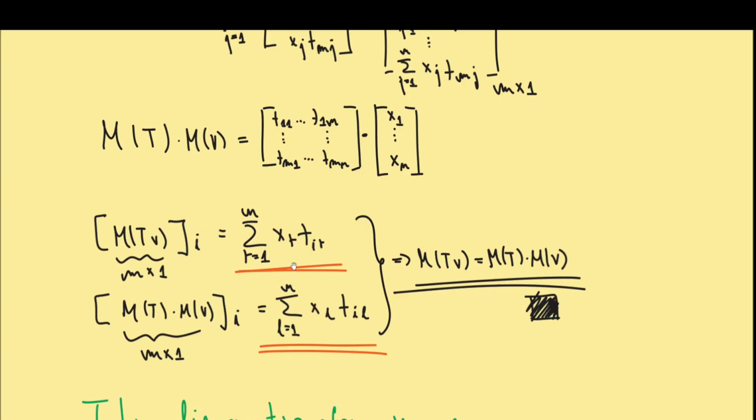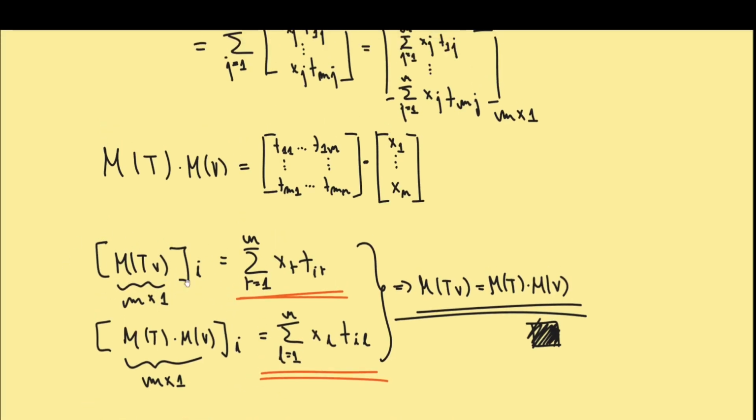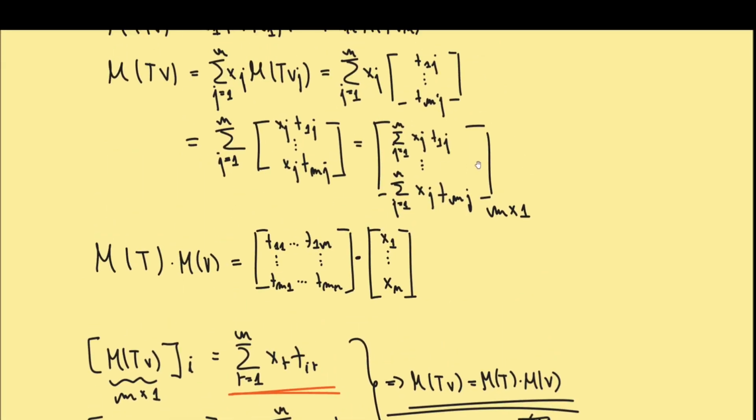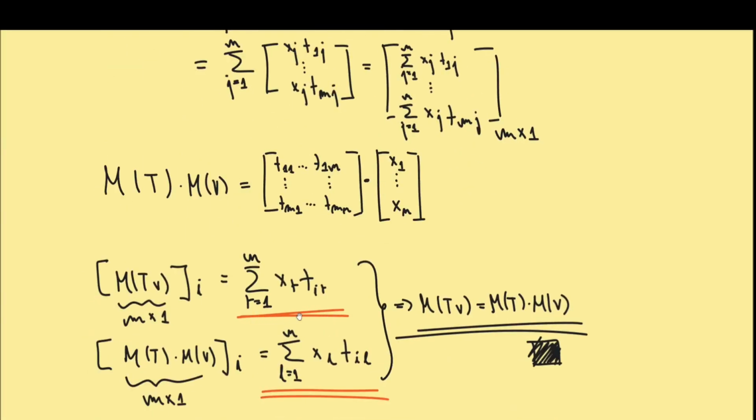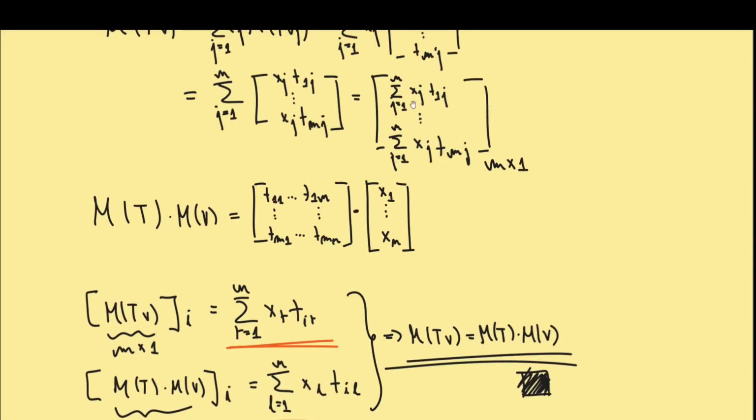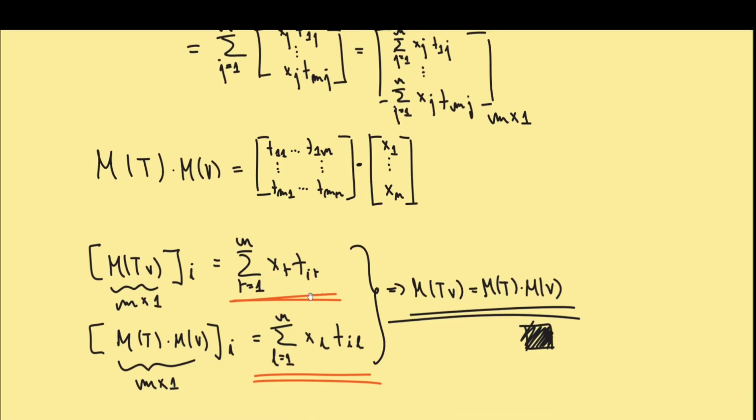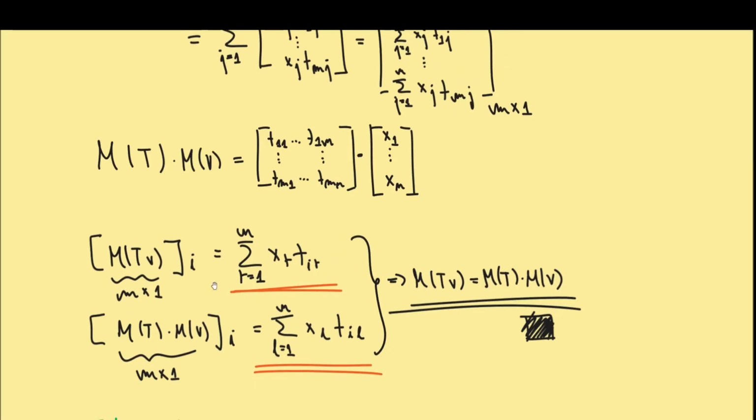Thus, we can conclude that they're equal. So what's the ith element in this matrix over here? Well, you just take the ith row from here. You get some sum like this. So I fix my ith row, that makes my T of i r, and then I just add up all of those. So the ith sum in here, the ith row.